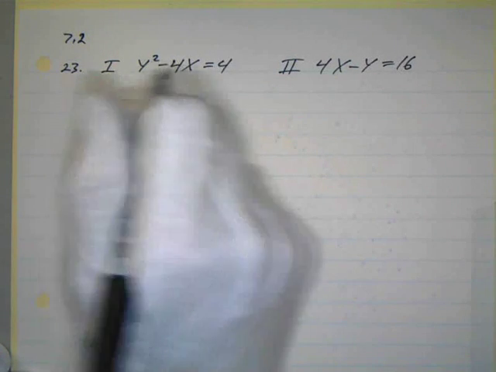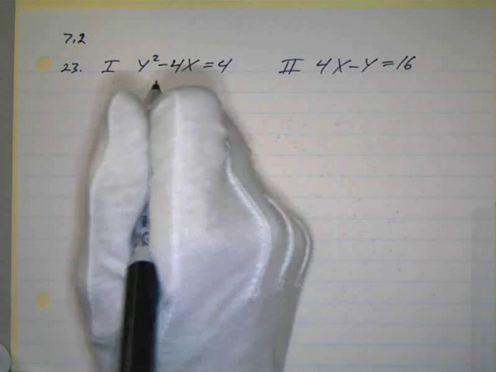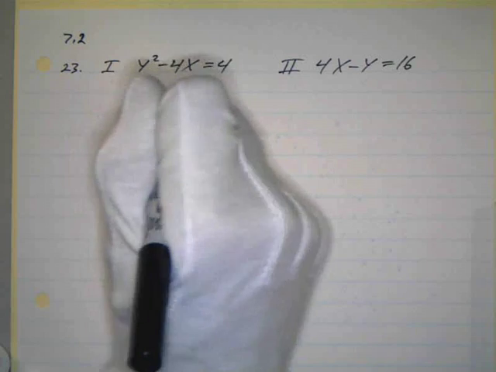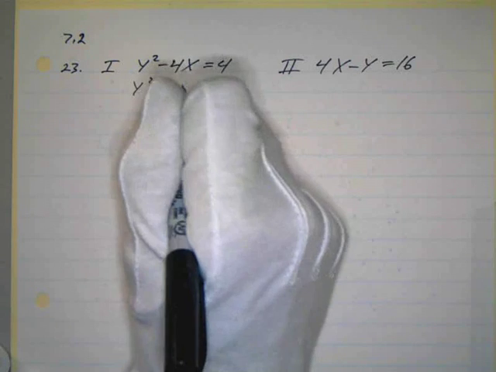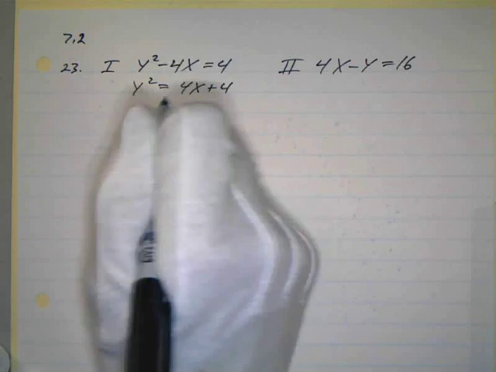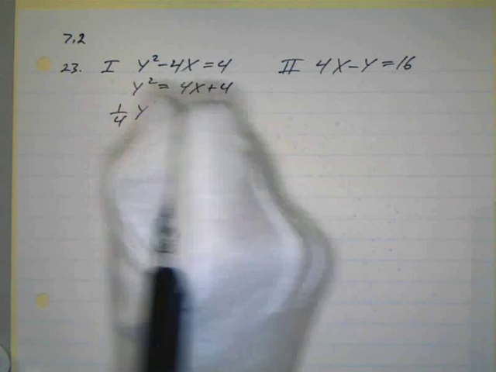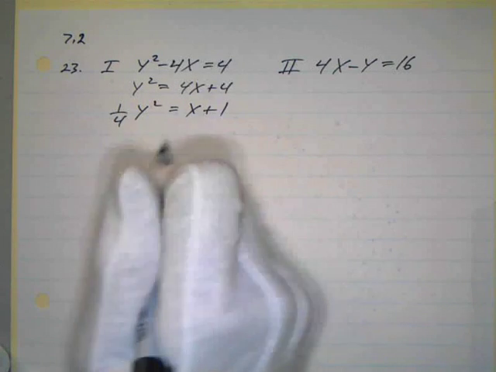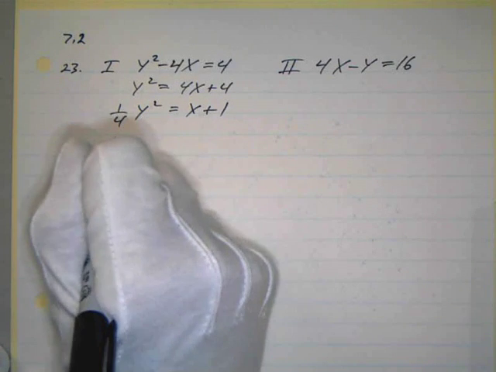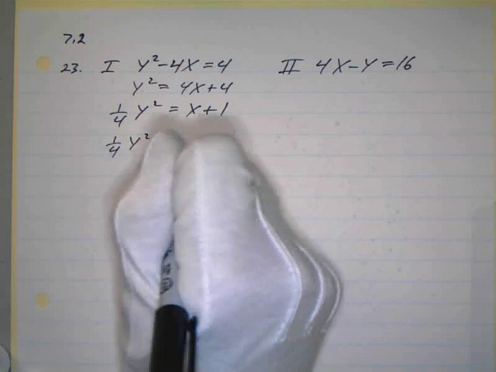So the first thing I'll do is just get the x's on the right. So I'll get y squared equals 4x plus 4. Then I'll divide through by the 4, so I get 1/4 y squared equals x plus 1. And then I'll subtract 1 from both sides, so I get 1/4 y squared minus 1 equals x.